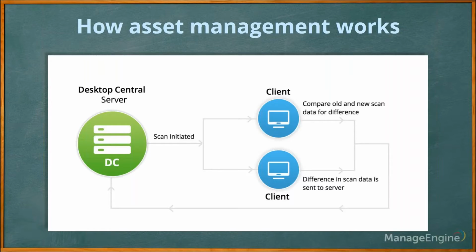Since we are in the inventory module, let's see what kind of scan it is exactly. The agent runs a scan on the client machine and collects all the data, and that very first scan is called a complete scan. This scan takes a few minutes to gather all the information about the hardware, software, as well as the warranty, and it posts the data back to the server.